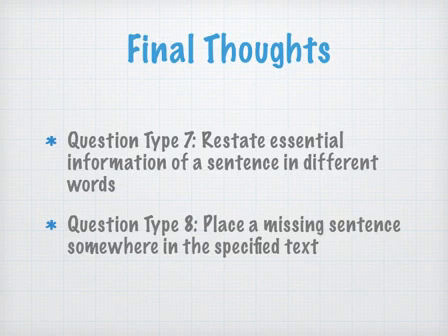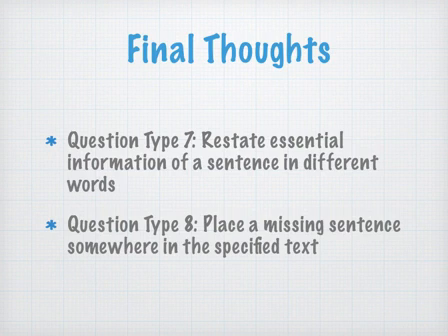So, some final thoughts. Question type 7 is asking you to restate information. It's asking you to choose the restated essential information of a sentence, but using different words. Question type 8 is when you're asked to place a missing sentence somewhere within the specified text. Look out for ideas that can be restated in some way.